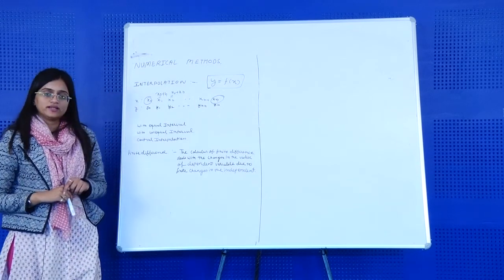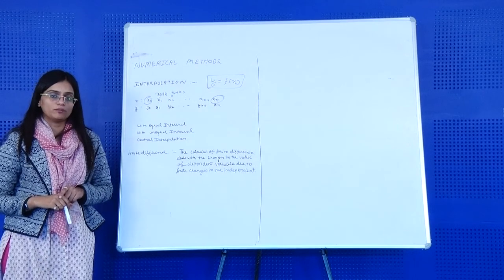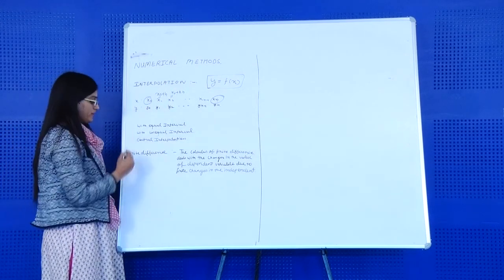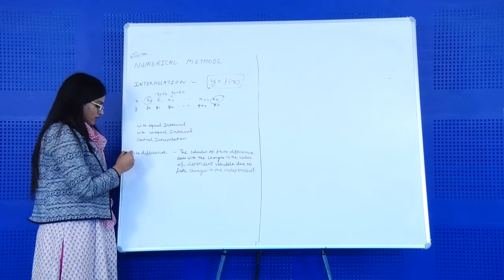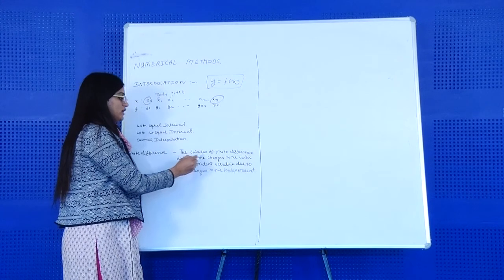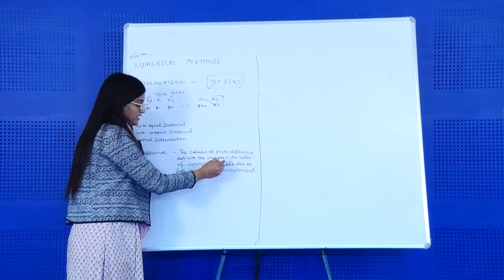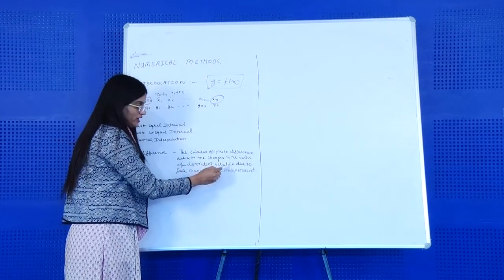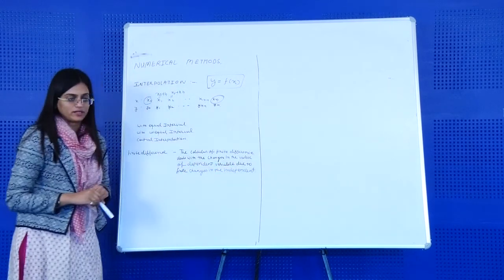Before we start, interpolation depends on operators, and it also depends on finite difference theory. What is finite difference theory? It's the calculus of finite differences, dealing with the changes in the value of the dependent variable due to finite changes in the independent variable.